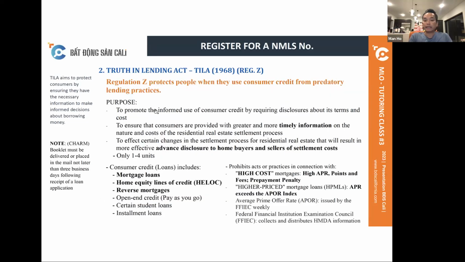Okay, so continuing, right? Regulation Z, or Reg Z, protects people when they use consumer credit from predatory lending practices. So back in 2008, they used a lot of predatory lending practices. Like, okay, I let you borrow regardless of your income, right? I don't have to check your income.